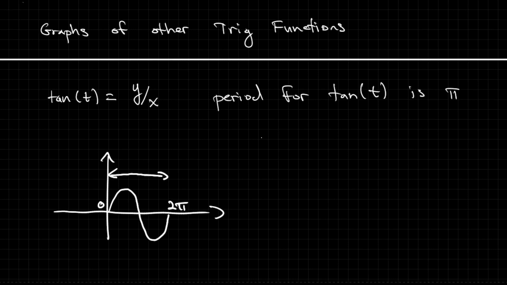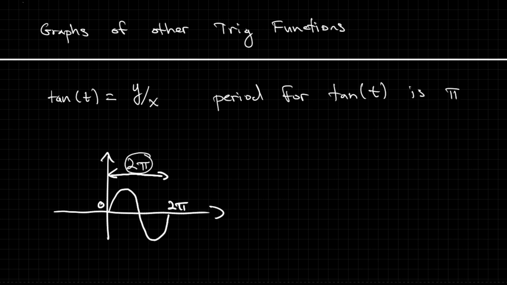So whereas with the sine and cosine function, we needed to sketch the graph on a length of period 2 pi, for the tangent of t function and the cotangent of t function, as we'll see, we only need to sketch the graph on some interval of length pi.